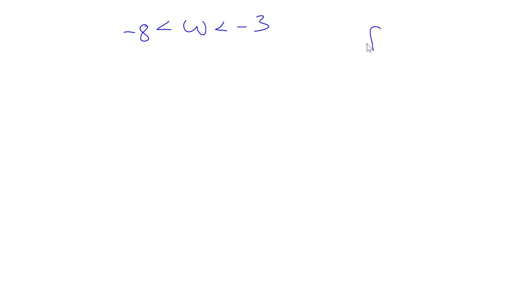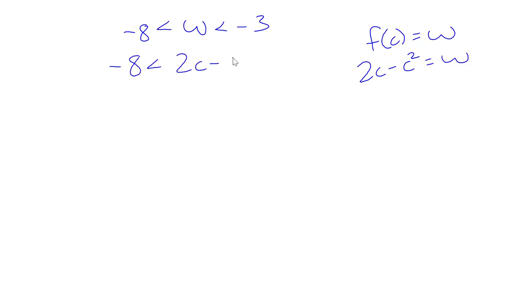And since we know that f of c is equal to w, and f of c is 2c minus c squared, it's just our function, we can replace the w with 2c minus c squared, and now we'll just solve. So what we'll do first, because this is a quadratic, which is a little more difficult to deal with than a cubic that doesn't have any other variables in it other than the variable being cubed, is we're going to want to get rid of the negative sign first.